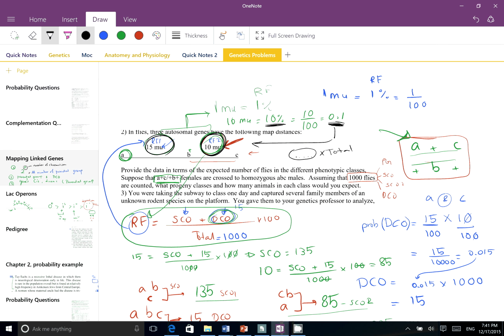That's how you get your double crossover. You multiply these two numbers when they're in decimal form, and then you multiply it by the total numbers you have, and that will give you your double crossover.